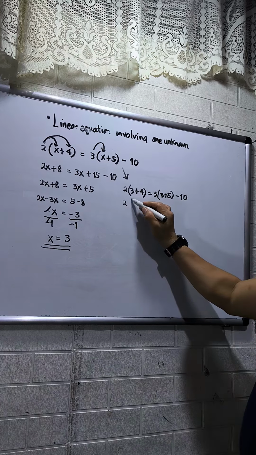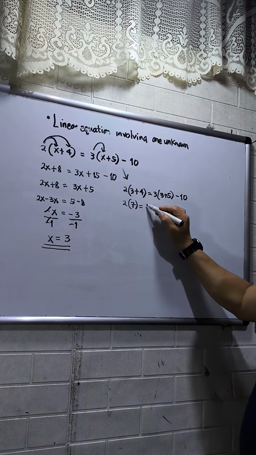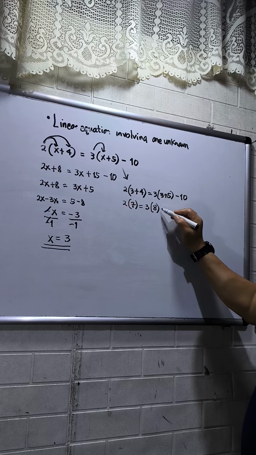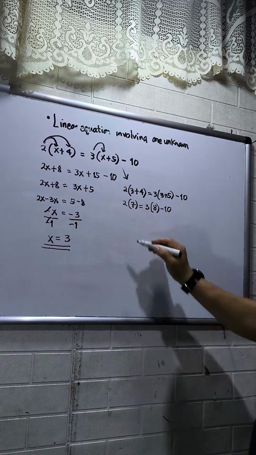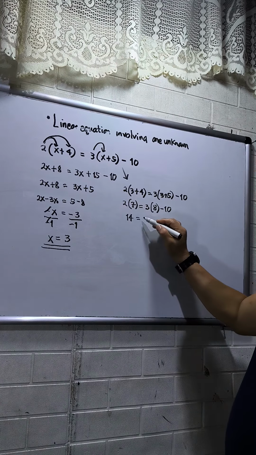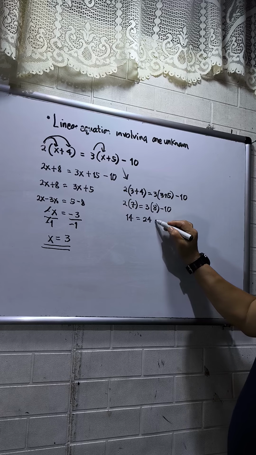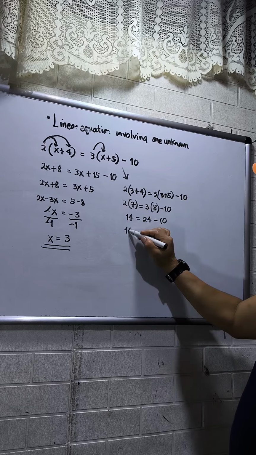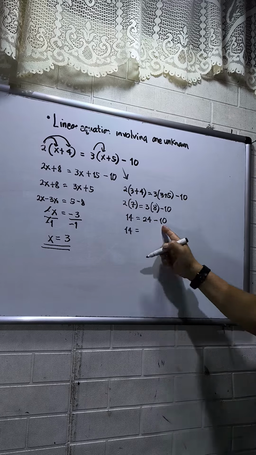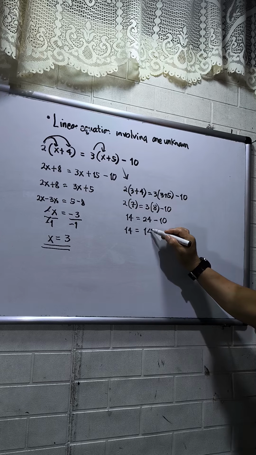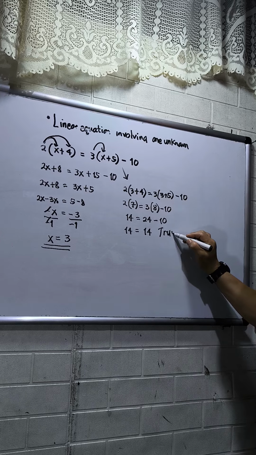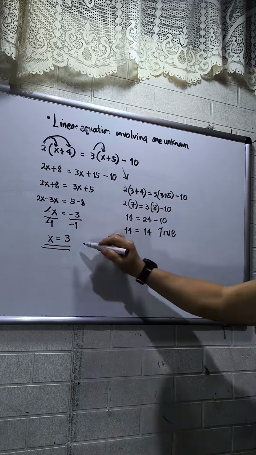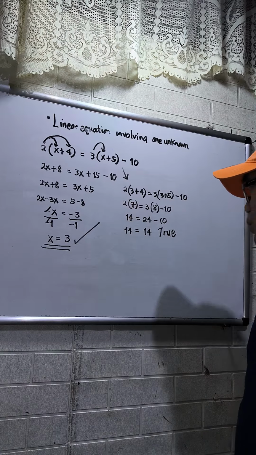So 2 times 7 is equal to 3 times 8, then minus 10. So this is 14, which is equal to 24 minus 10, that is 14. So this is said to be true. So meaning my x value, which is 3, is absolutely correct.